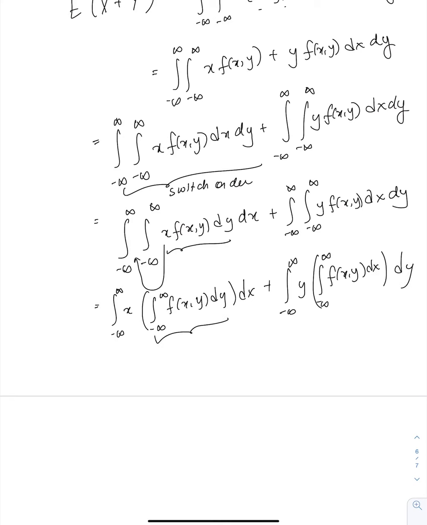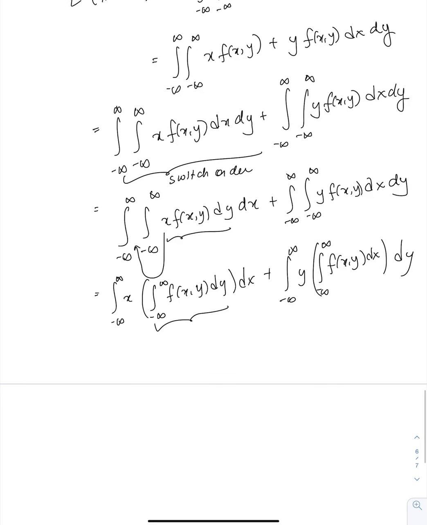Okay, what is this? You remember? When you integrate out the y from the joint, when you take the joint density and integrate out the y, what do you get? You get the marginal density of x. So this whole thing becomes this. So this is minus infinity to infinity x times the marginal density of x.